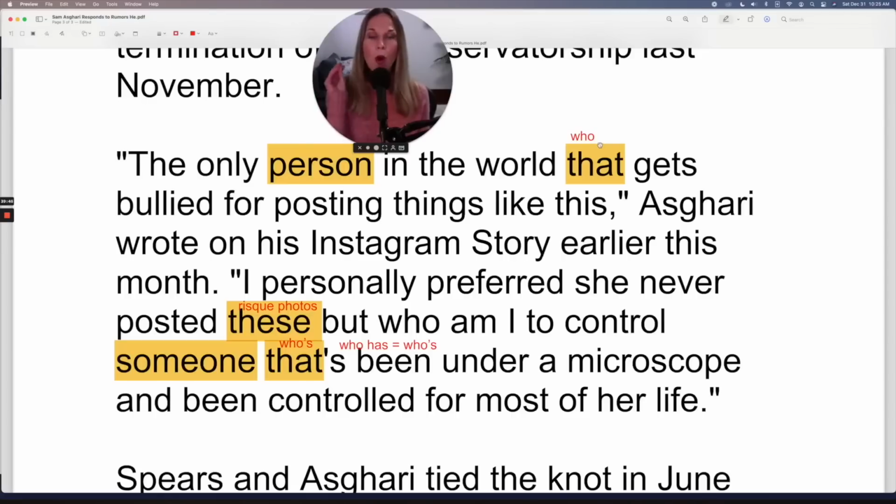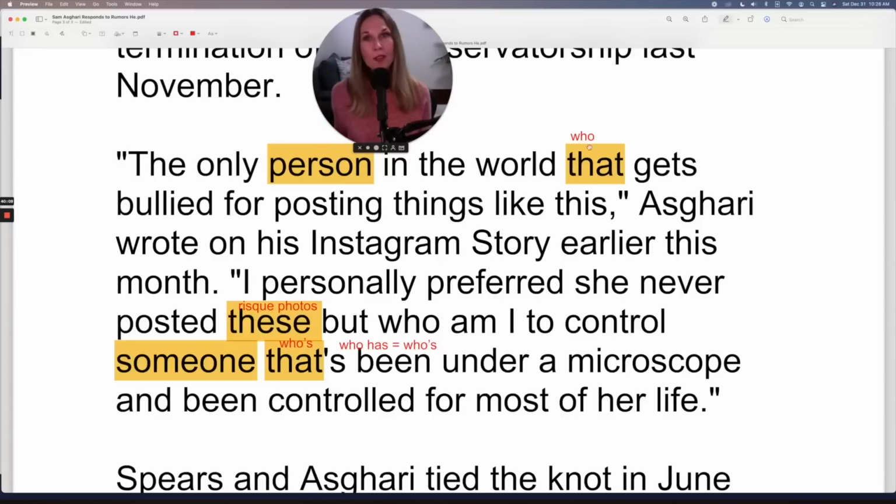And if you are taking your IELTS or submitting a formal business report or an academic report, you should absolutely use who for people and that for objects. But I'll be honest, native speakers make this mistake and we use that instead of who all the time.